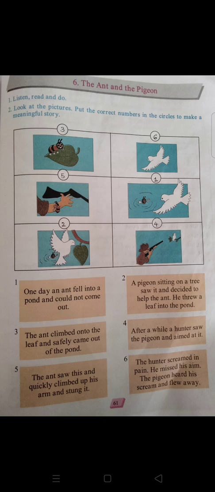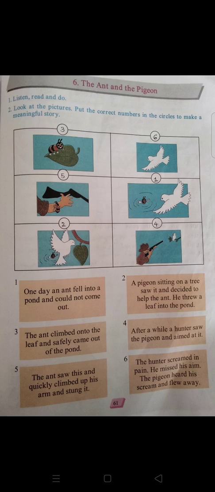Because what is the story about? The story is about the ant and the pigeon. Below the pictures we can see some numbers and something written. So this is the story of the ant and the pigeon. We have to look at the pictures and choose the correct sentence by looking at the picture.